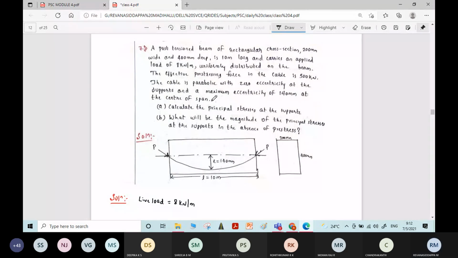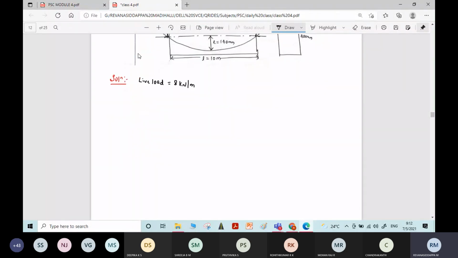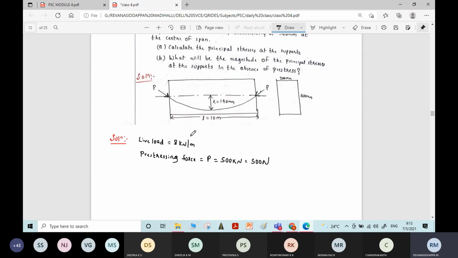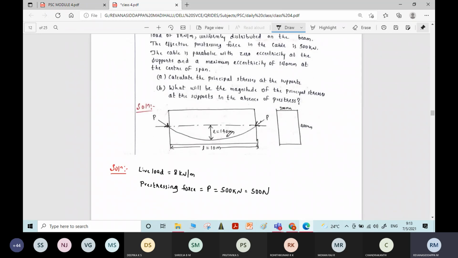Then effective pre-stressing force P is given as 500 kilonewton. P is equal to 500 kilonewton, that is 500 times 10 power 3 Newton. Okay. Then what else is given? Eccentricity and all are given, that is written in the figure only.